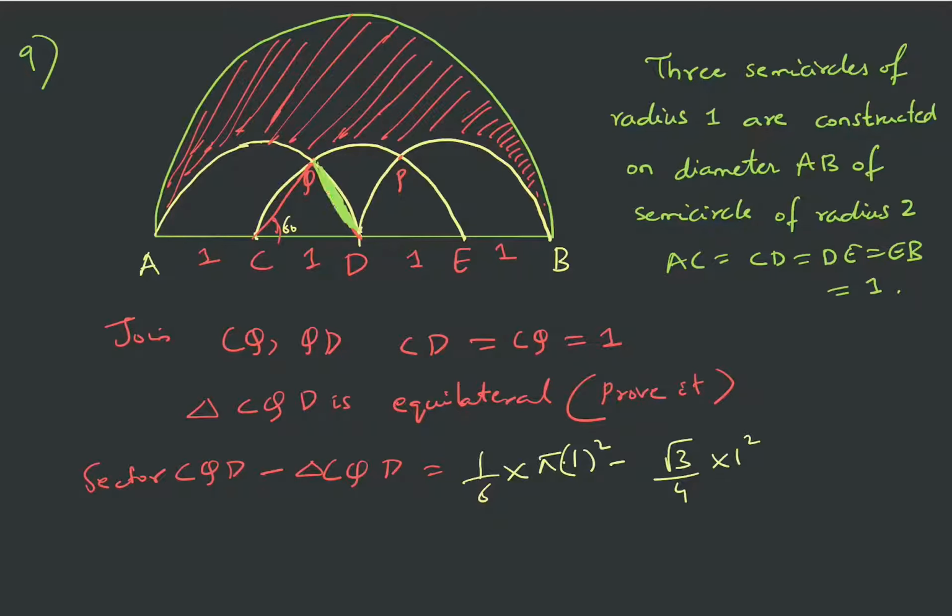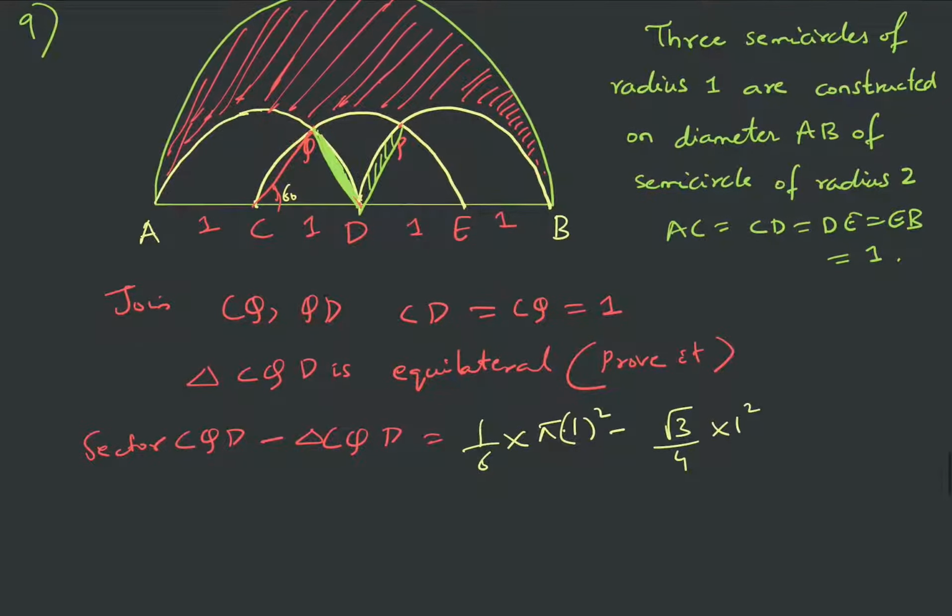Yes, so similarly if I join this PD, I can say that by symmetry this area will also be equal to the same, right? So what is the area of sector DQP? It is pi by 6, right? Area of sector DQP is pi by 6, and from this sector area DQP I am going to subtract these two areas.